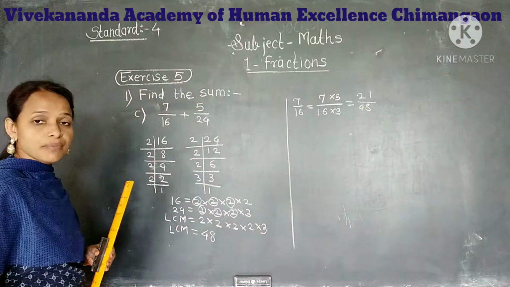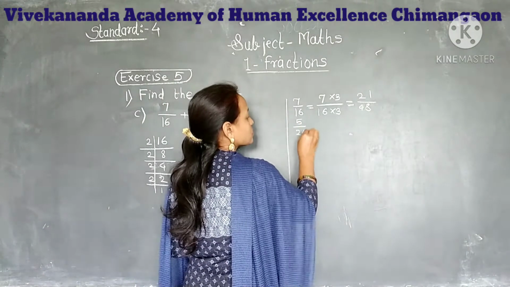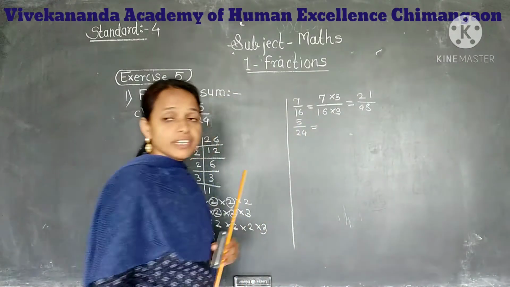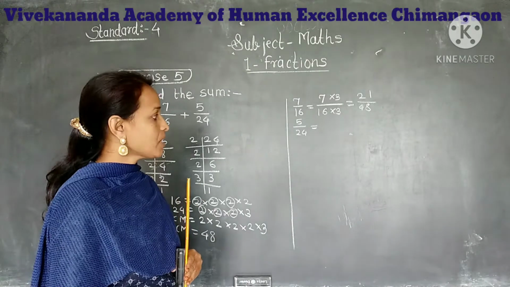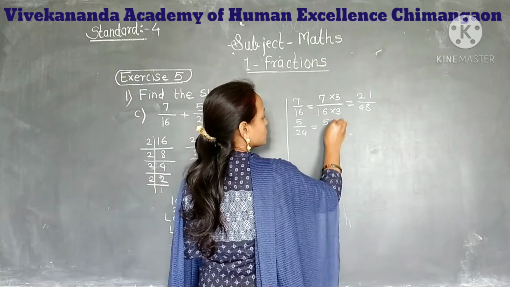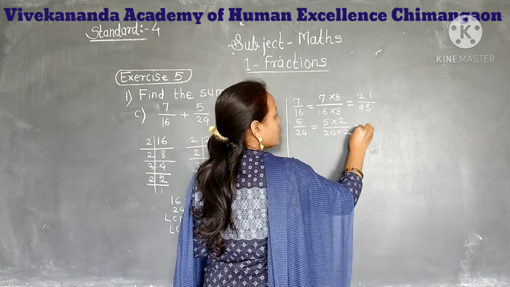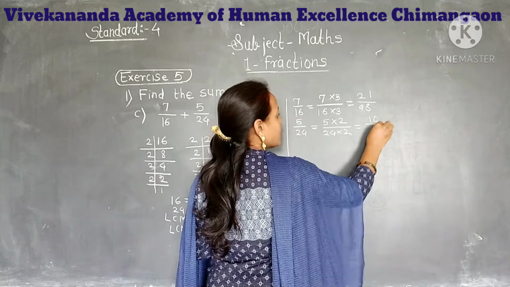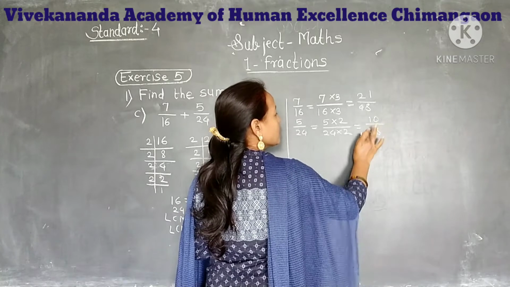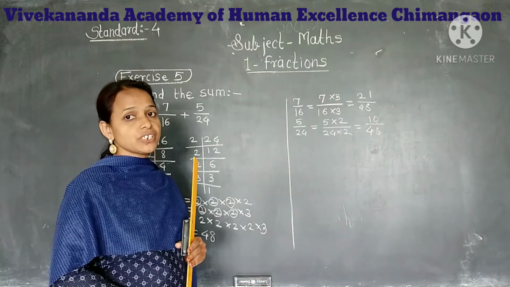The second fraction is 5 upon 24. Here 24 twos are 48, so we multiply 5 by 2 and 24 by 2. Here we get 5 twos are 10, 24 twos are 48. See, students, here we converted unlike fractions into like fractions.